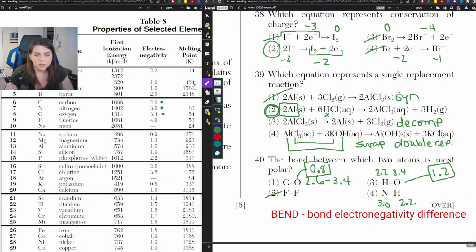And then 3 and 2.2 is definitely 0.8. So also either of those couldn't be answer choices because they came out to the same answer. So like I said, hydrogen and oxygen is the most polar.